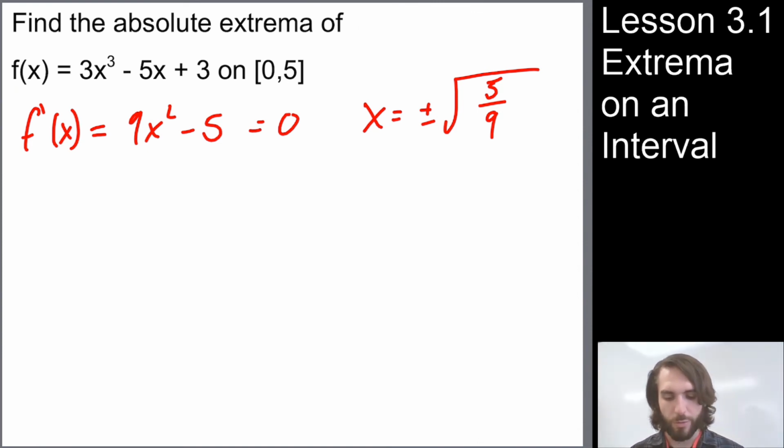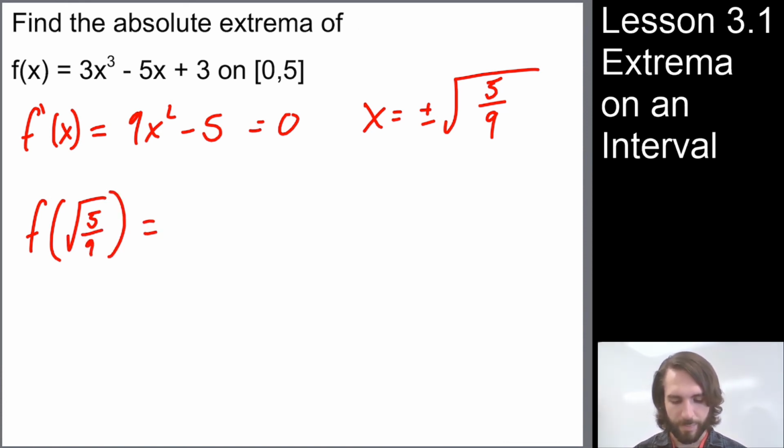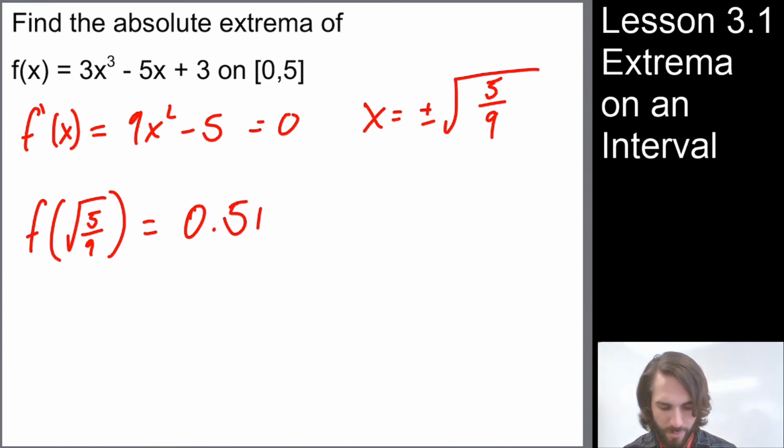Alright, so we're going to plug that back into the original function. So f of positive root 5/9 equals 0.515.